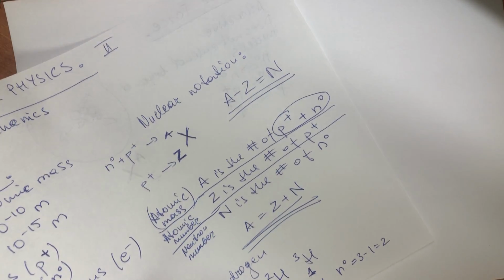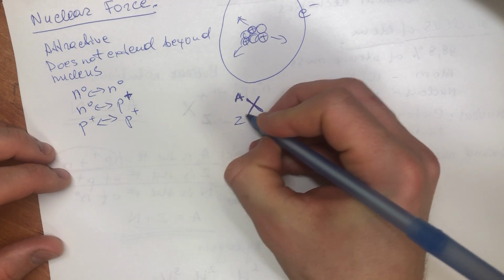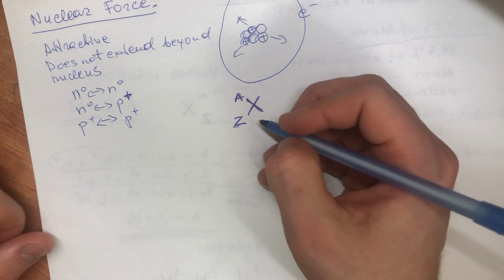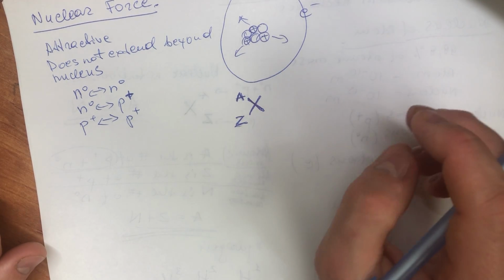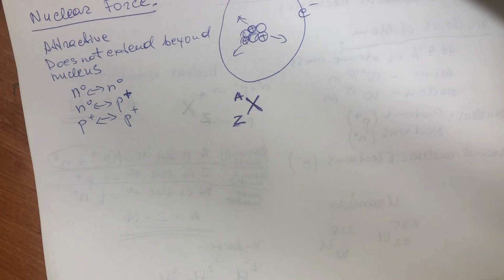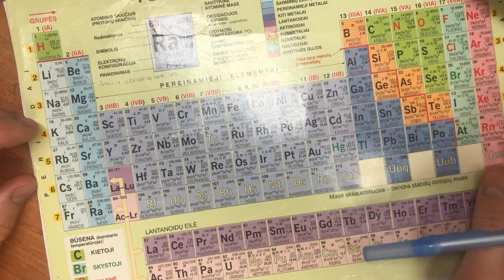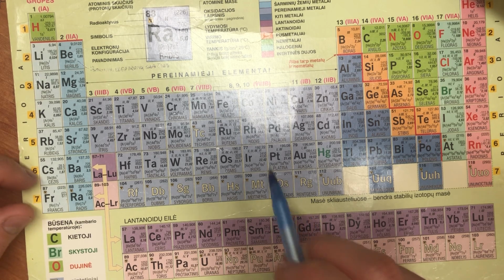So when the mass increases, for heavier elements, you can see in the table of elements, this is in Lithuanian, but nevertheless you will see that. Let's look here.